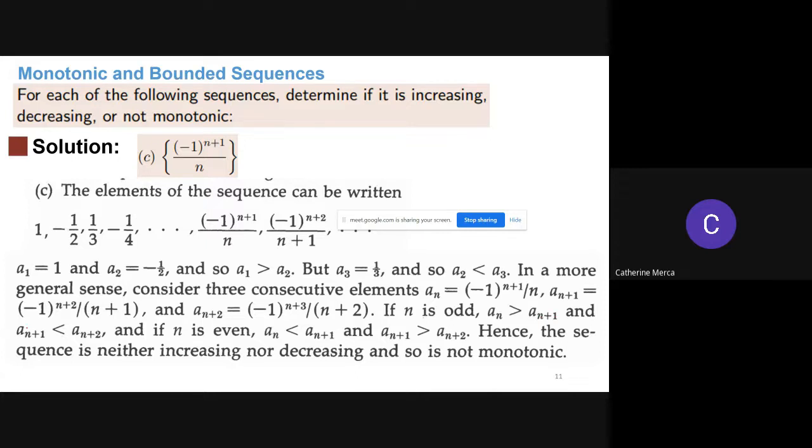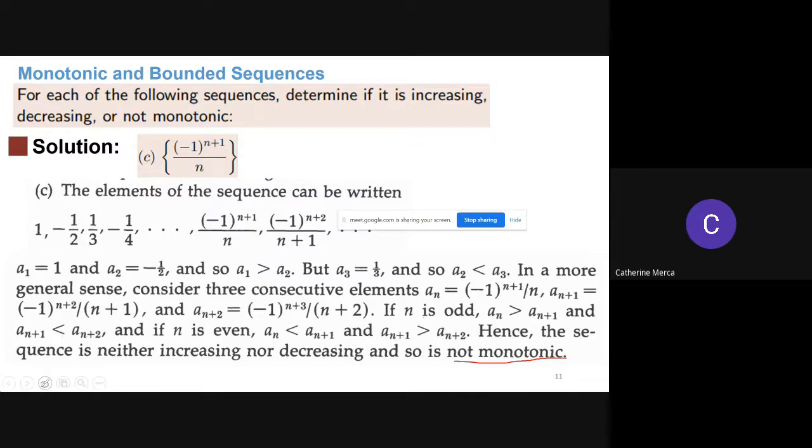And a sub n plus 1 is less than a sub n plus 2 if n is even. So what does it mean? The sequence is neither increasing nor decreasing. So what's the conclusion? It is not monotonic. Because for it to be monotonic, it should be either increasing or decreasing. Here, it goes bigger, then smaller, then bigger and smaller again.